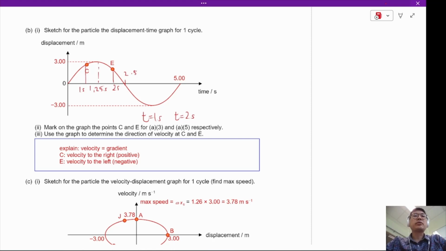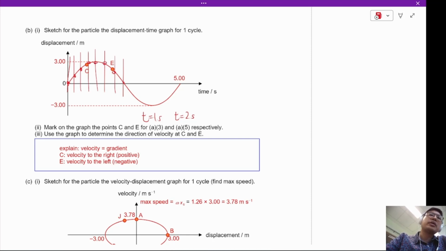Now use the graph to determine the direction of velocity at C and E. How do we determine the direction of the velocity? You see, time will pass to the right. So as time passes, the object is going to move along this curve and then down again. At point C, you can see that the object is going to go up the curve again.